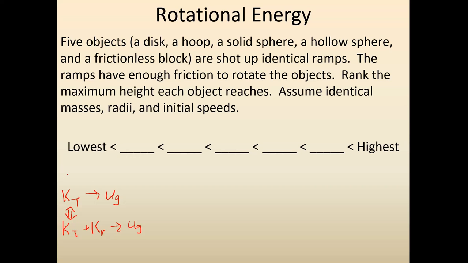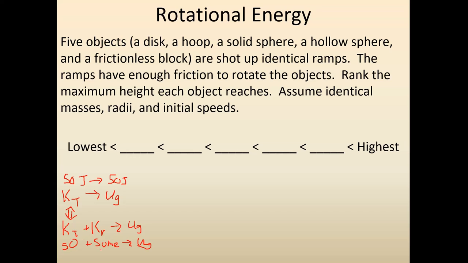So if this starts with, let's say, 50 joules of kinetic, then the block ends up gaining 50 joules of potential. But for the other four objects, they're going to start with the same 50, but they're going to end up also having some sort of rotational energy included. So it's going to be 50 plus something else going into gravitational.